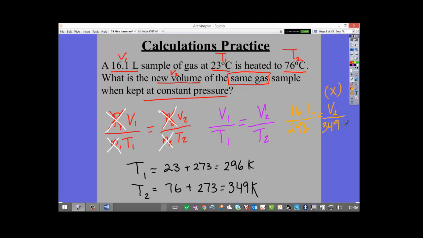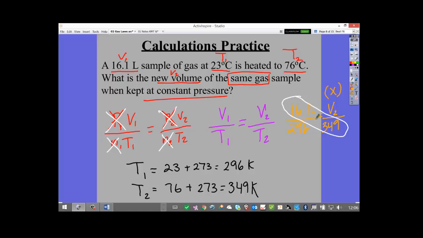So this is when algebra 1 comes in. You've got to cross multiply. So I'm going to cross multiply these two. I'm not going to cross multiply here because that's already a variable, okay? I want it by itself, so I'm just going to leave that number there. So when I cross multiply this, what do I get?